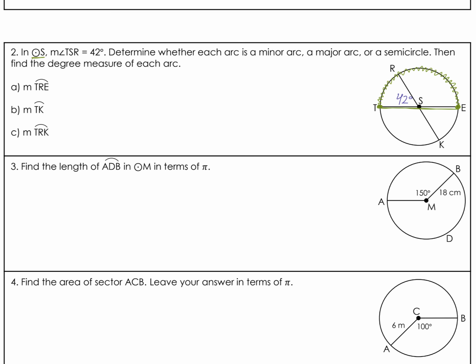And so that's how I know that S is the center of the circle. Okay, and therefore I know that this answer, without having to do any more math, is going to be 180 degrees. It's a semicircle.